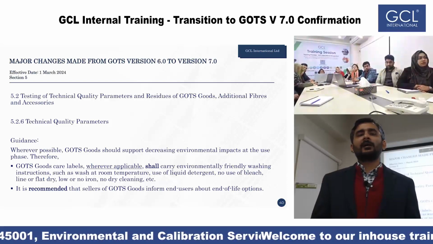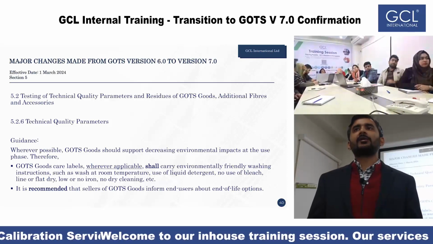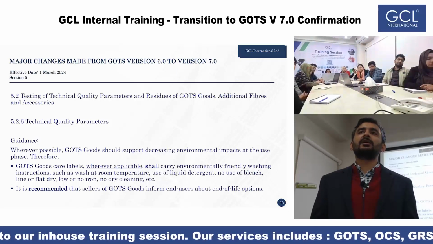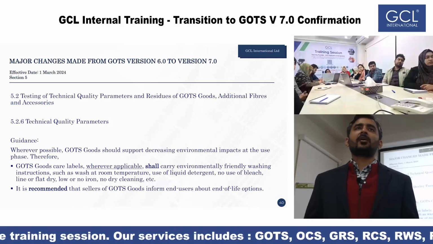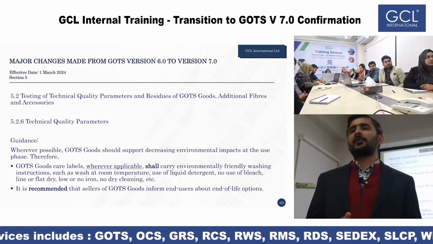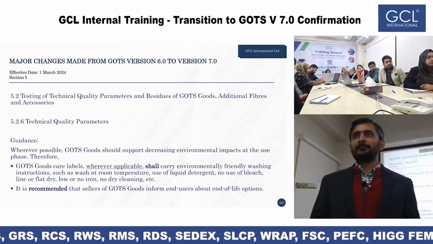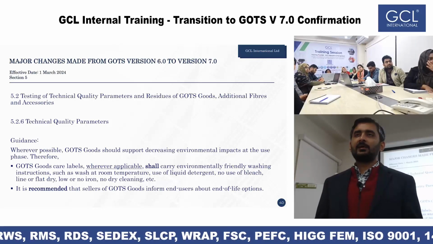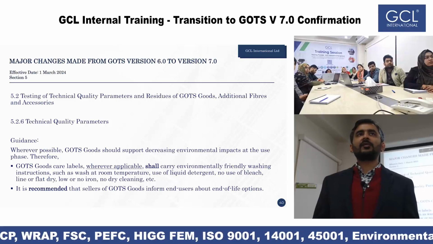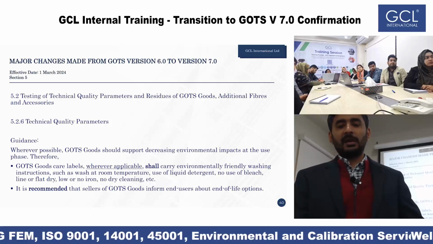Like for example, whenever possible, instructions that have less environmental impact shall be included in the GOTS care label. Some examples they have added in GOTS version 7.0 are: dry at normal temperature instead of tumble dry or washing machine dry, and use of liquid detergent instead of powder detergent. This kind of applicable environmental friendly instruction shall be included in the GOTS care label.